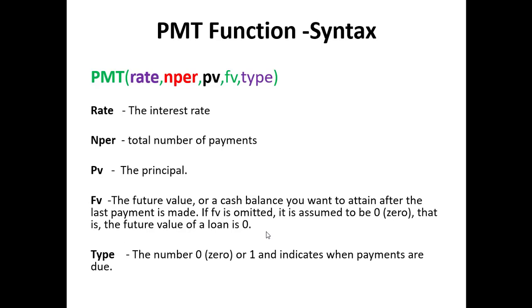You know, in some cases when we go for this loan installment, all we expect is to settle this loan at the end of the loan period. But in some cases, at the end of the settlement of the loan, the borrower expects that there should be some kind of saving in his loan account.